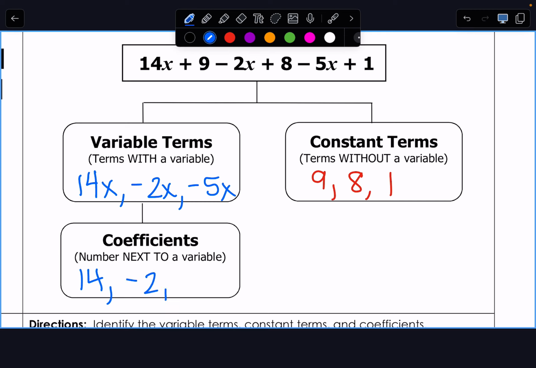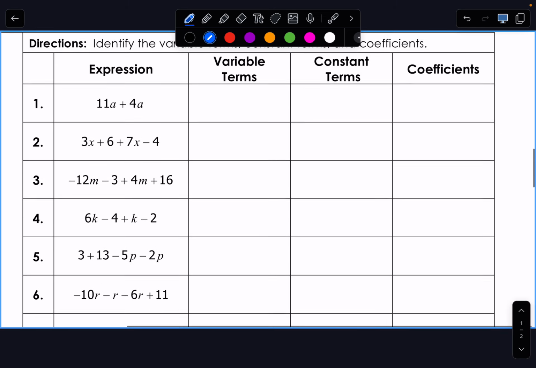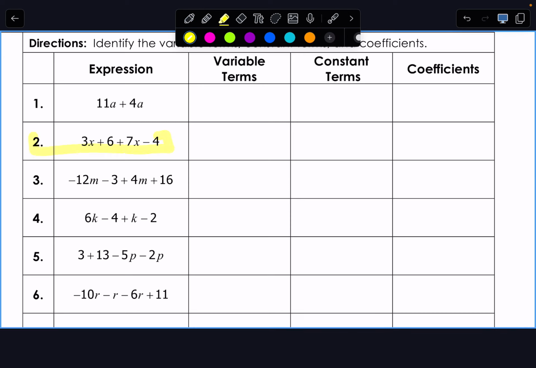Negative 2. And this guy? Negative 5. Fair? I feel really good about you being able to do this. So could you try number 2 and 3 and just fill in those 6 boxes for me, please?